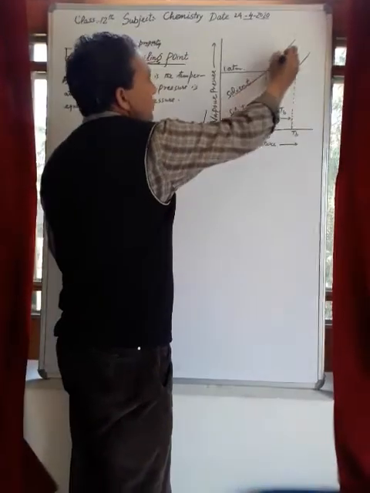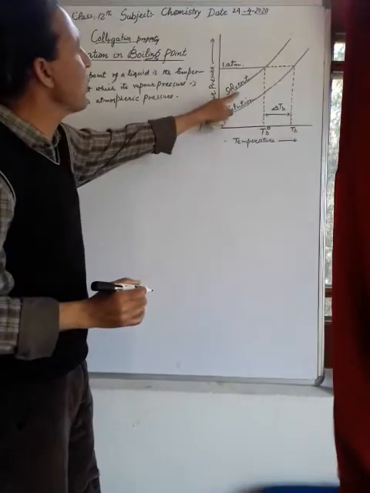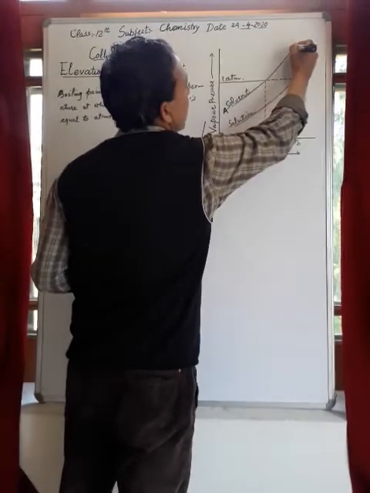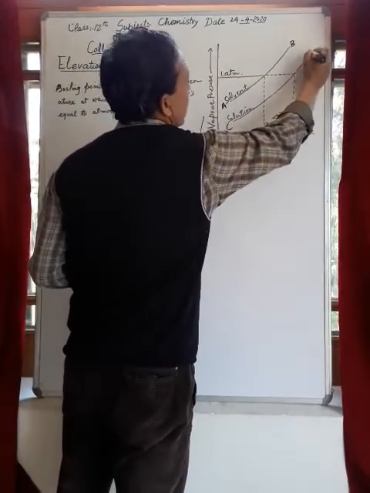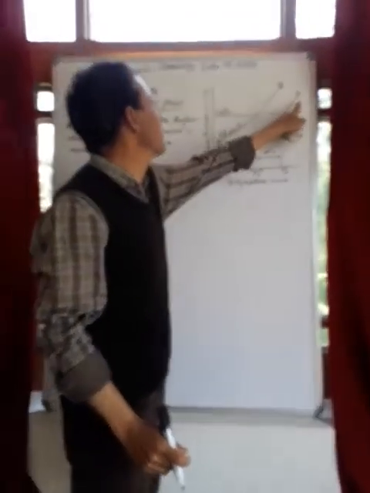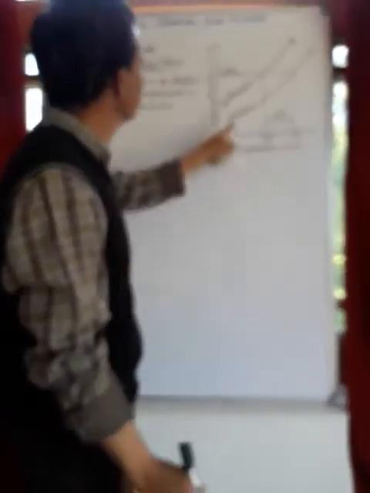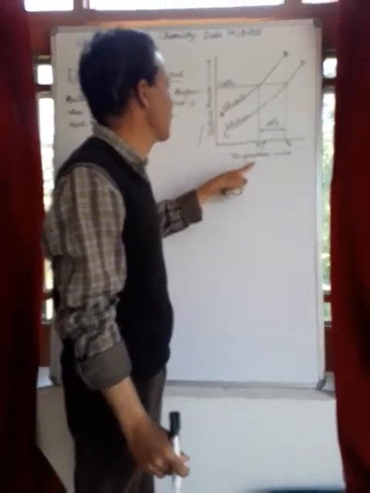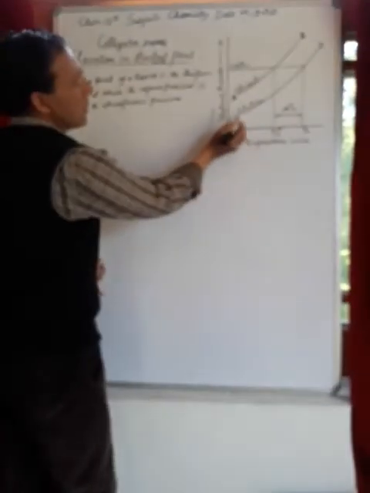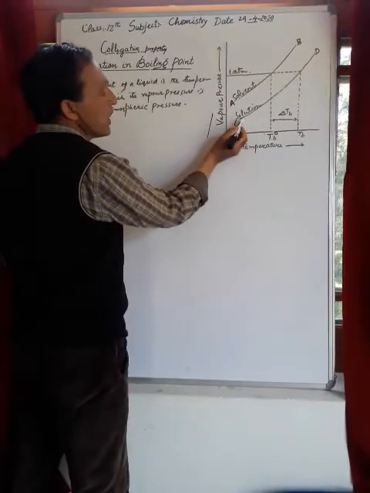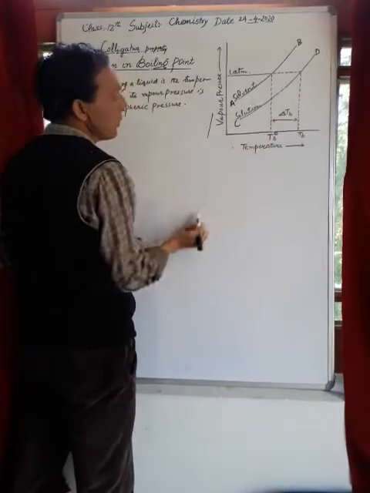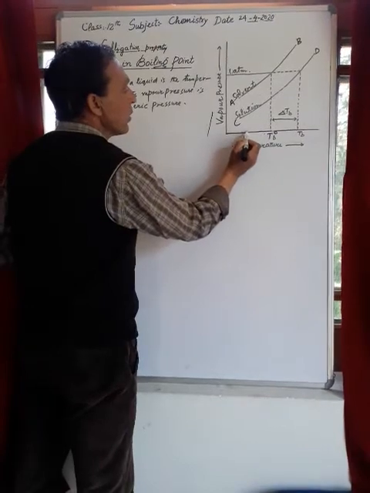This is the vapor pressure curve for the solvent, in which we have plotted the values of the vapor pressure against the temperature, and this is the vapor pressure curve of the solution, plotted against the different temperatures. From the plot, it is clear the vapor pressure of the solution is lower than the vapor pressure of the solvent at all temperatures.